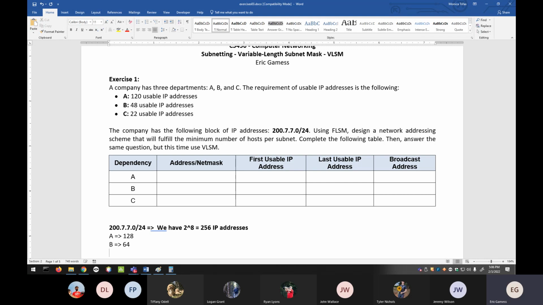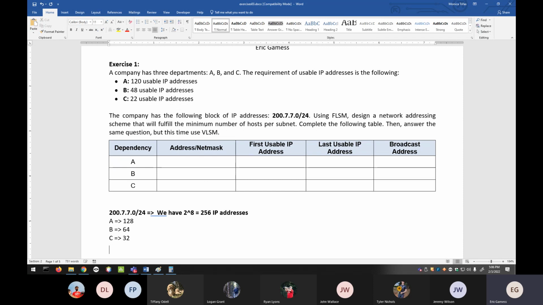I cannot give them 48. It has to be a power of 2. For Department C, 32. So let's count: 128 for A plus 64 for B plus 32.